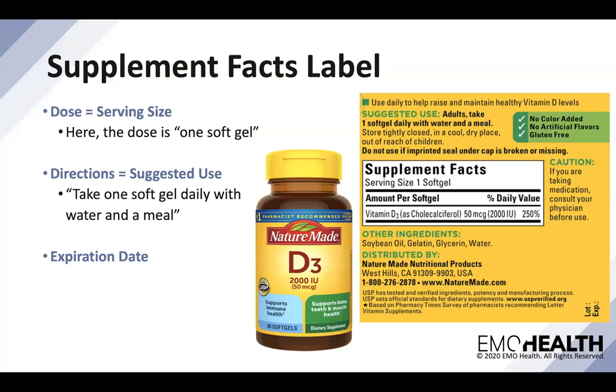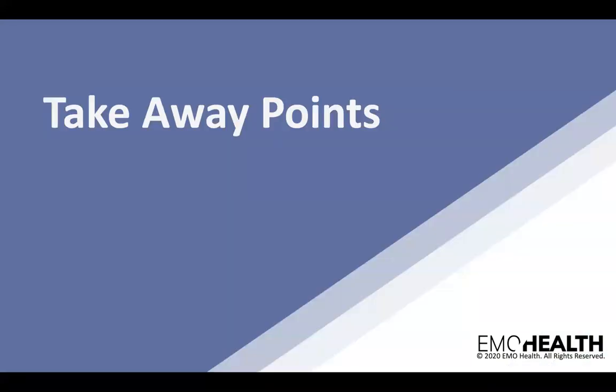You could put 50 mcg, which stands for micrograms, or you could put the 2000 IUs, which are international units. It's either or. I don't really have a recommendation either way, but do put one. Probably the more commonly used one would be that 50 mcg, which is the micrograms.